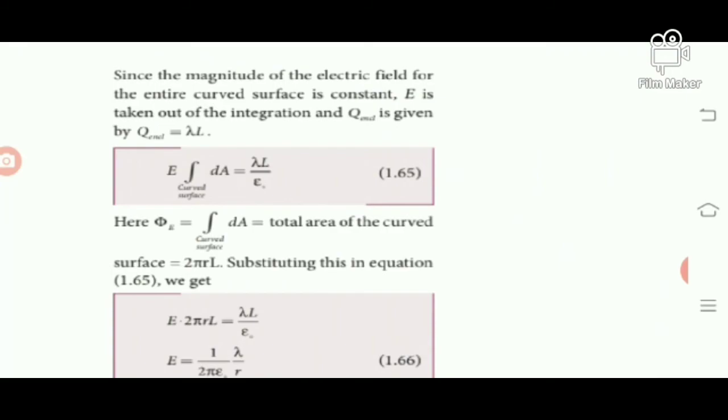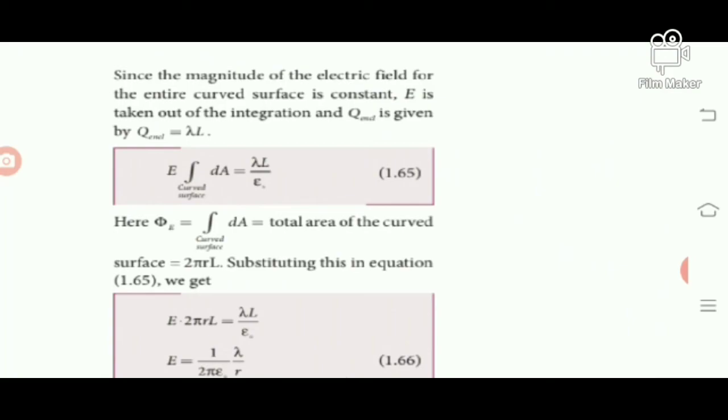The next equation is E times the integral of dA over the curved surface equal to lambda L divided by epsilon naught. The integral of dA over the curved surface equals the total area of the curved surface, which is 2 pi r L.